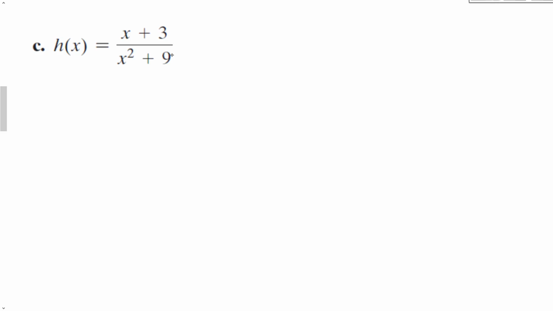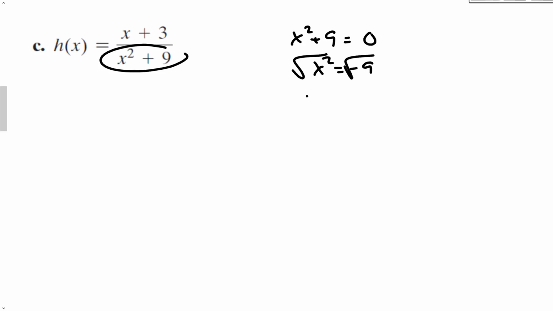Well, the bottom here doesn't factor with real numbers. If I set it equal to 0, you'll see that when I take the square root of both sides, we get plus or minus 3i.